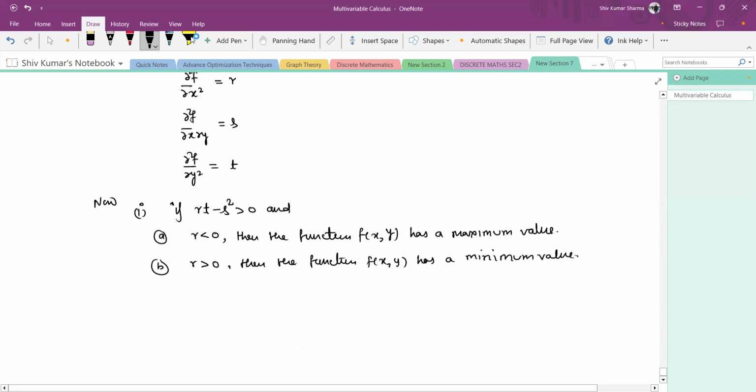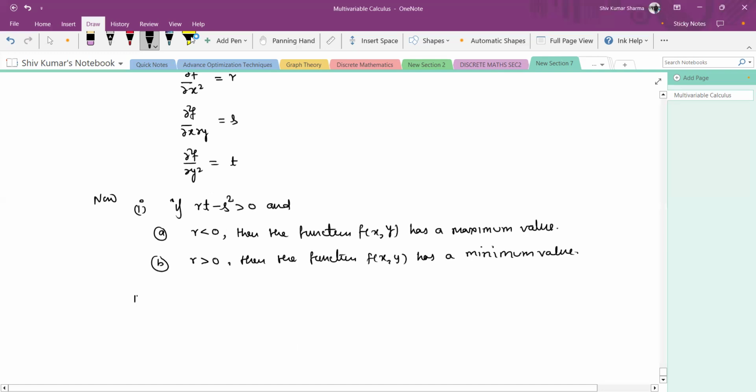And the second condition is if rt minus s square is less than 0, then the function f(x,y) has no extreme value at the point (a,b).